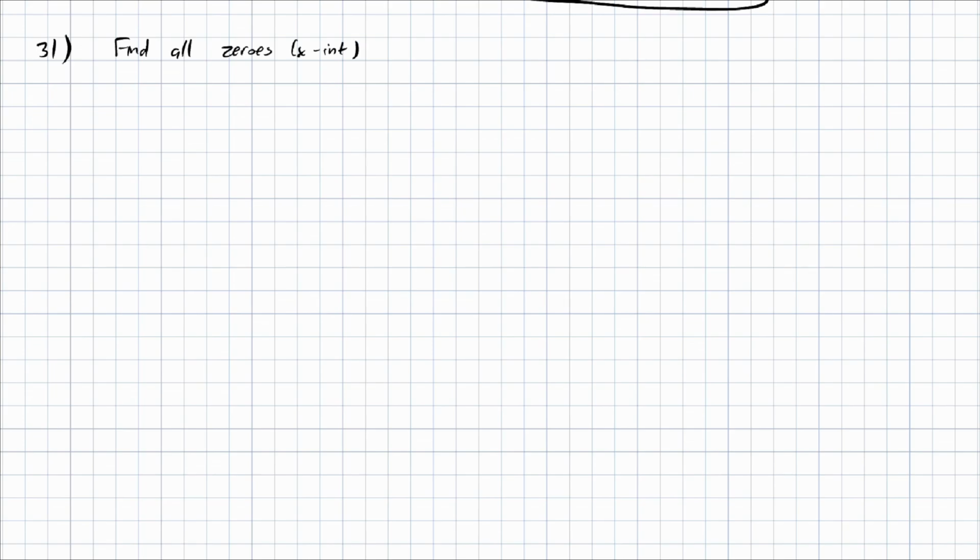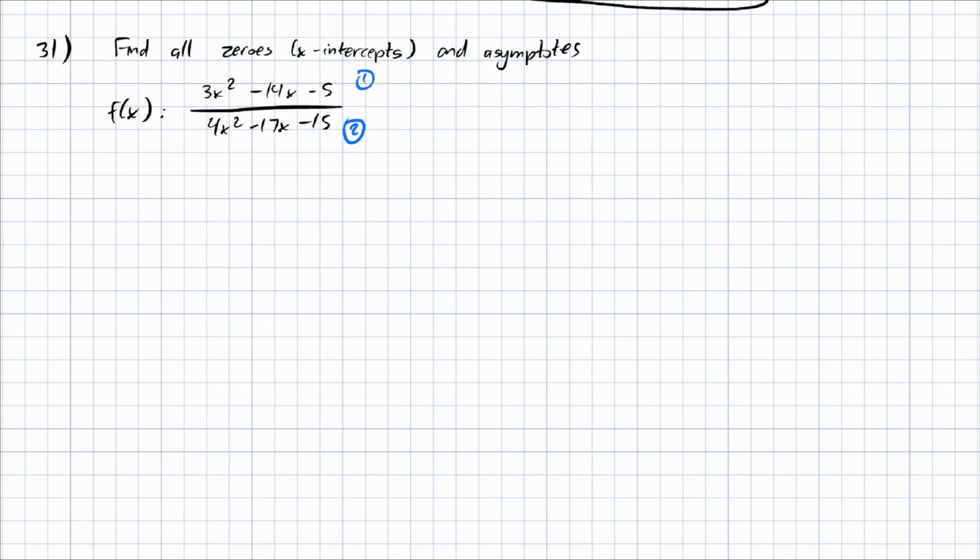I'll write it as intercepts, and asymptotes, horizontal and vertical. My function is f of x equals 3x squared minus 14x minus 5 over 4x squared minus 17x minus 15. I'm going to number these 1 and 2 so I can factor them.